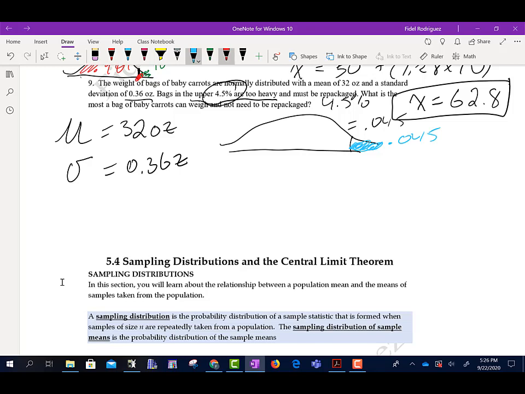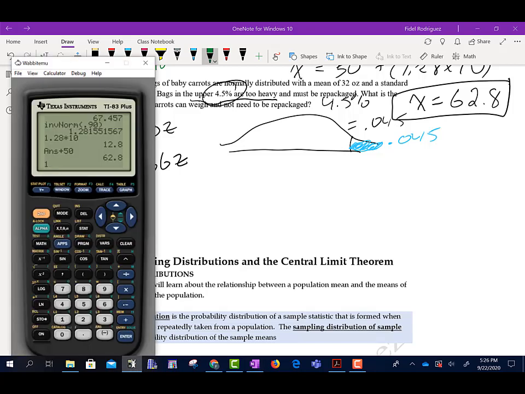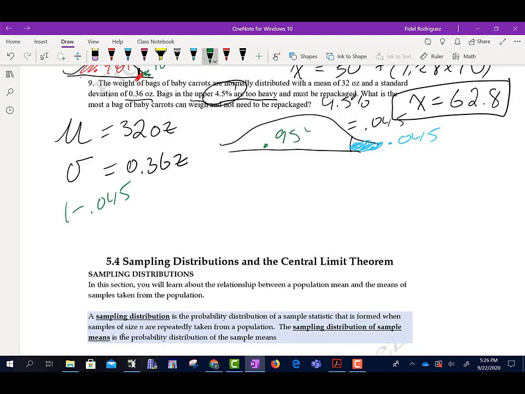So if I wanted to find, say, the area to the left, I could say, well, what's 1 minus 0.045? I'm coming up with 0.955, I'm sorry. So 0.955, that's telling me the area over here to the left. So what I want to do is figure out what this z value is going to be.